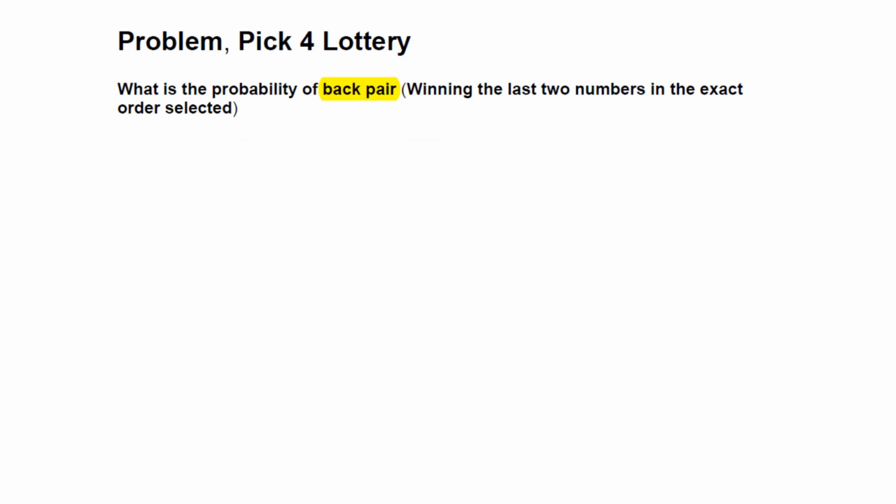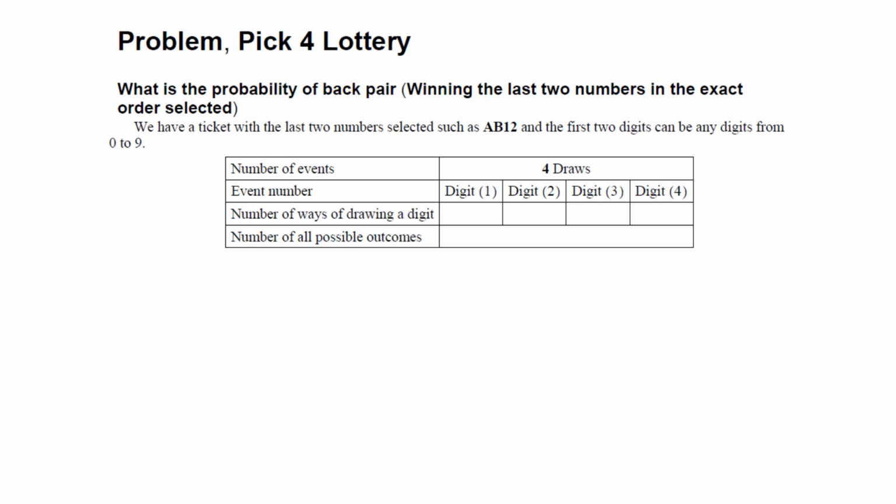Now what is the probability of back pair, which means winning the last 2 numbers in the exact order selected? So let's assume that the winning ticket ends with the 2 digits 1 and 2. It means any ticket which holds at the beginning any 2 numbers and ends with 1 and 2 is a winning ticket.